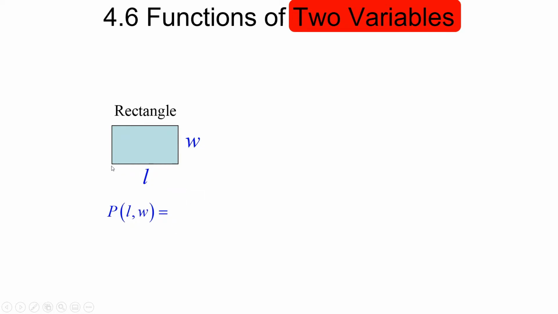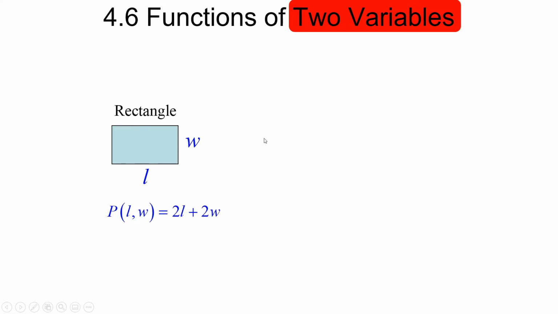And what is the perimeter? Well, to get all the way around this rectangle, what do you have? I have the length on the bottom, the length on the top, that'd be two lengths, plus the width on the right and the same width on the left, that's 2W.